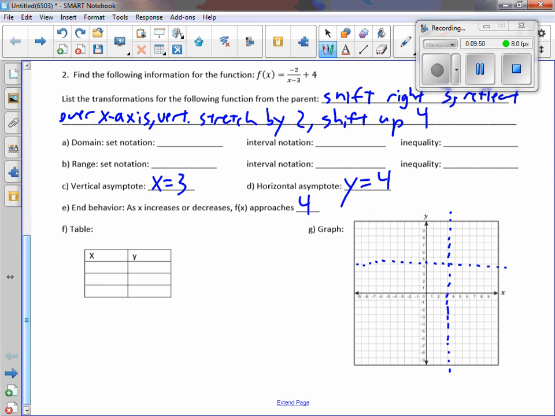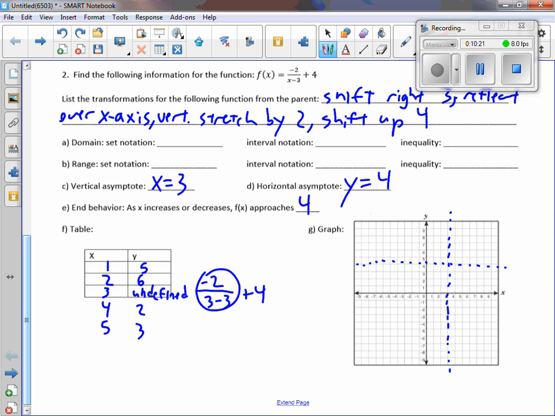So some points we get on the graph are (1, 5), (2, 6). At 3, it's undefined because of that asymptote. And as we see, if I were to plug in 3 in our function, this part would give us 0 on the bottom, therefore it's undefined. And then we would get the points (4, 2) and (5, 3).